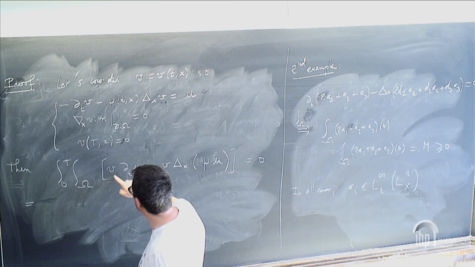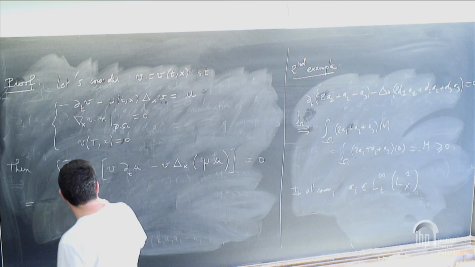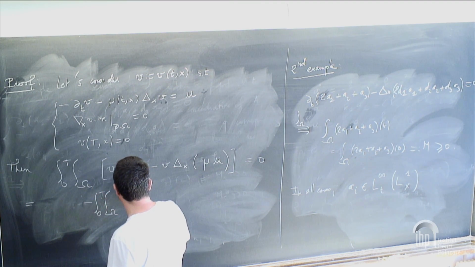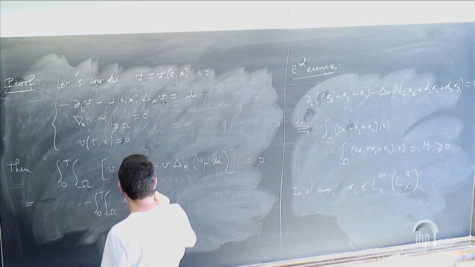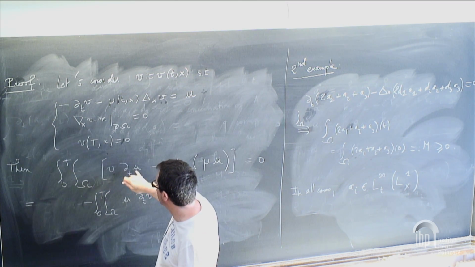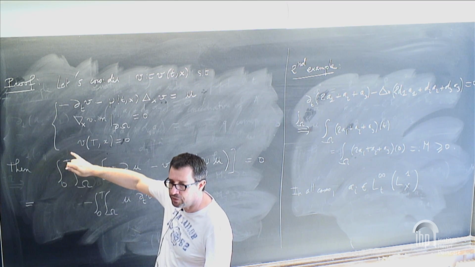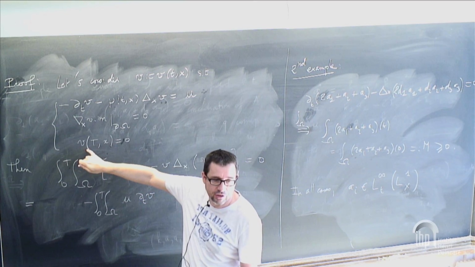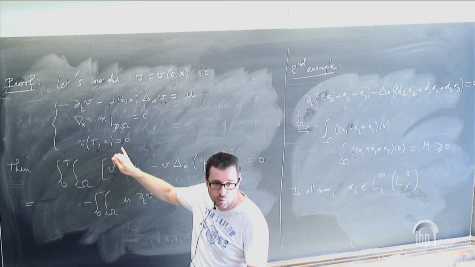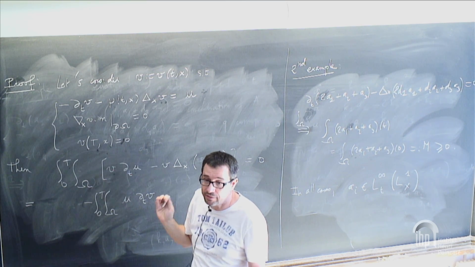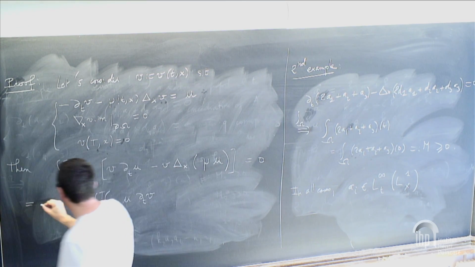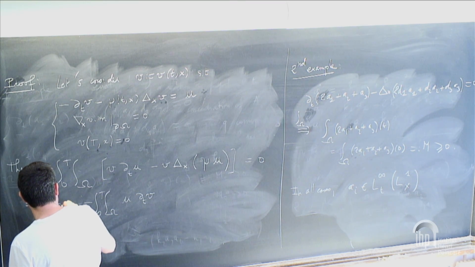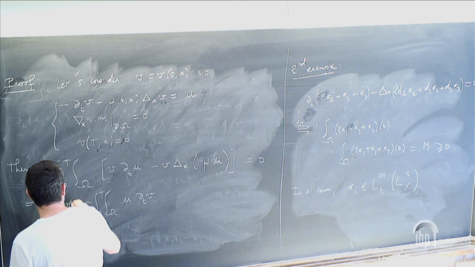Integrating by parts in time, I will get minus u dtv, and two boundary terms. The one which corresponds to capital T will be equal to 0 because I have taken v at time capital T, which is 0. And then there is a 1 at time 0, and it gives me exactly minus the integral of u at time 0 times v at time 0.